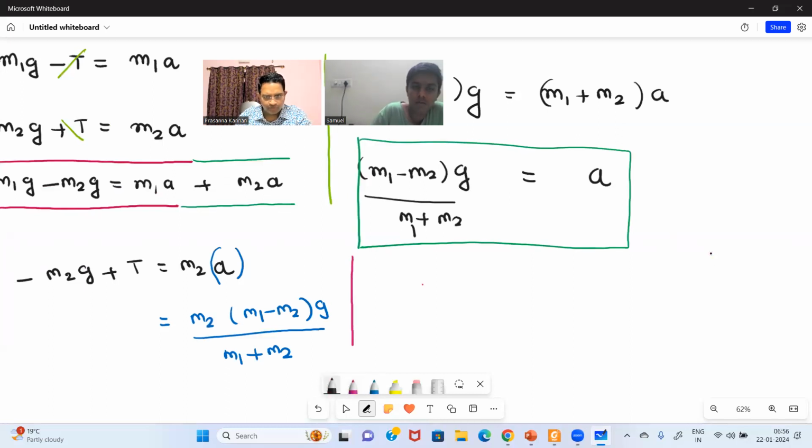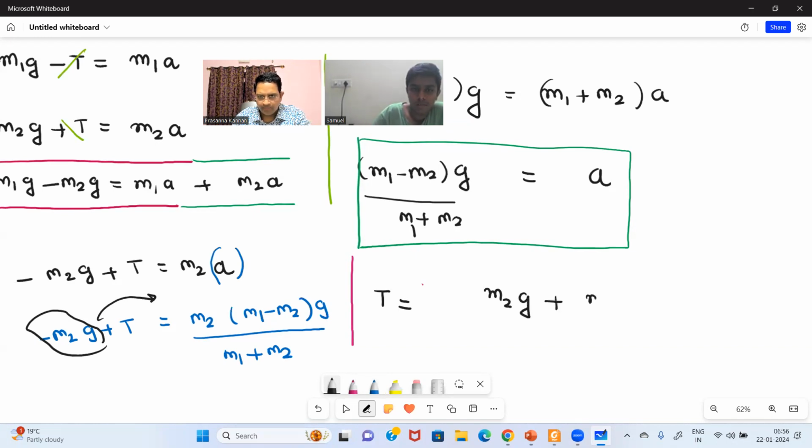So what does this become? You have here minus M2G plus tension. So tension, you keep on one side. This minus M2G, you can shift to this side. So what does this become? M2G plus M2 into M1 minus M2 into G by M1 plus M2.